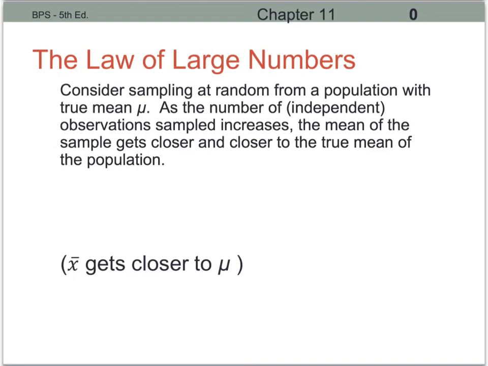But the law of large numbers tells us we're going to get close the bigger and bigger our samples are. And x bar is getting closer to mu. It's a better and better estimate of mu, the more information we put into that, the bigger the sample we draw.